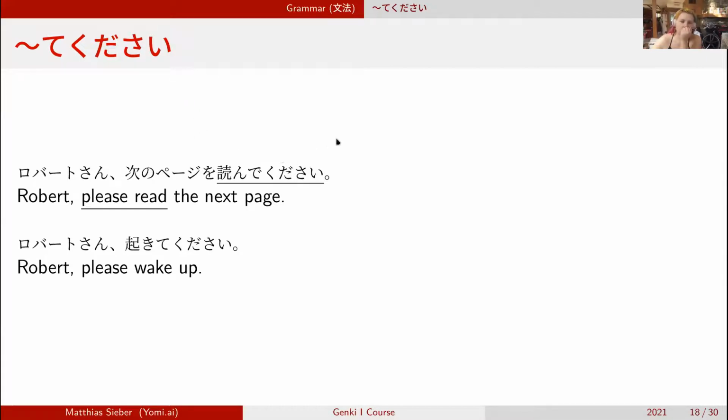It is making a request of the other person to do something. And we had kudasai before, right? We had noun followed by o kudasai, to ask for something, like osake o kudasai, please give me sake.